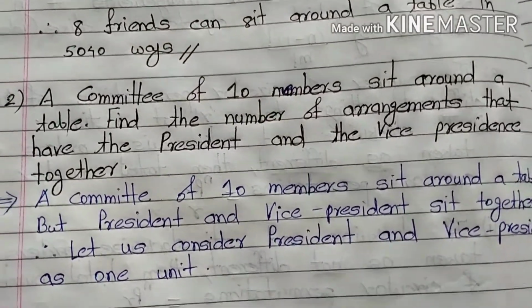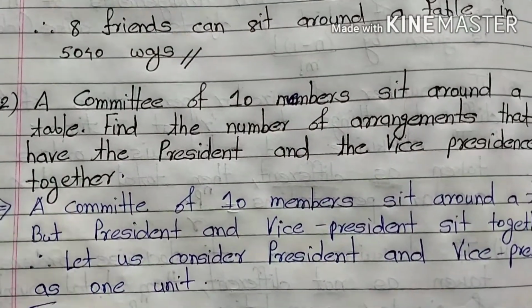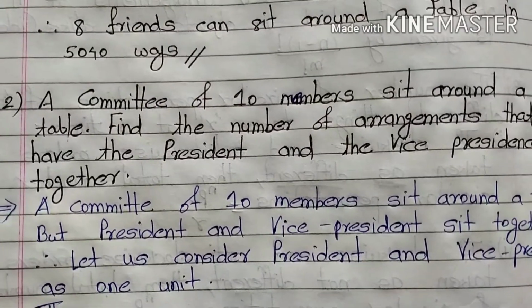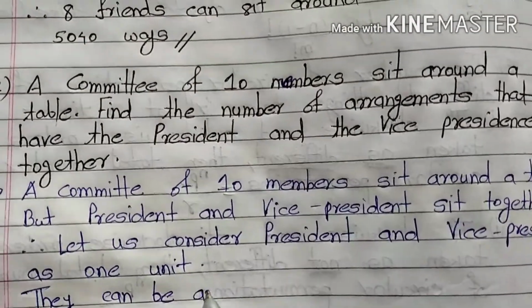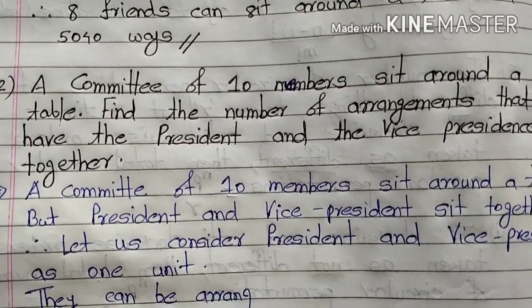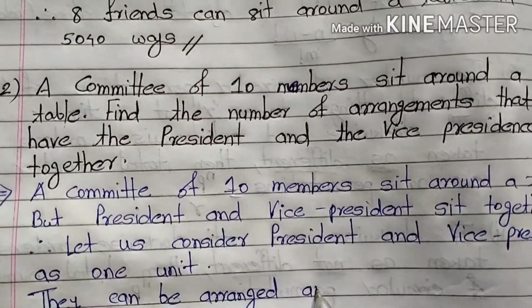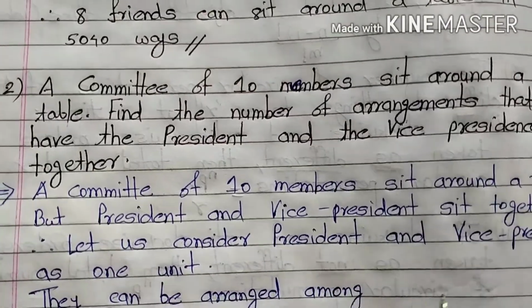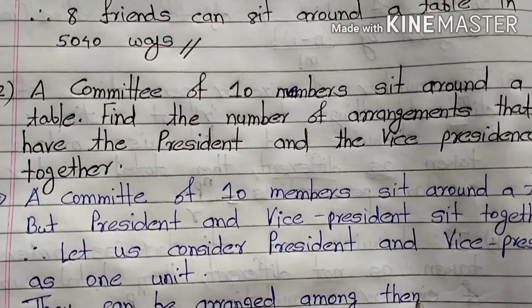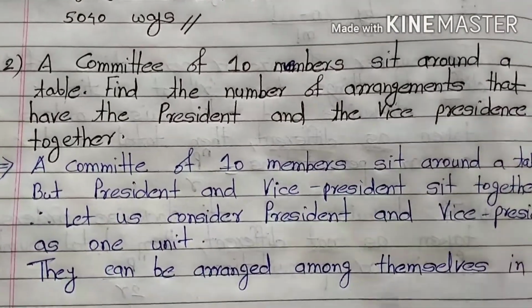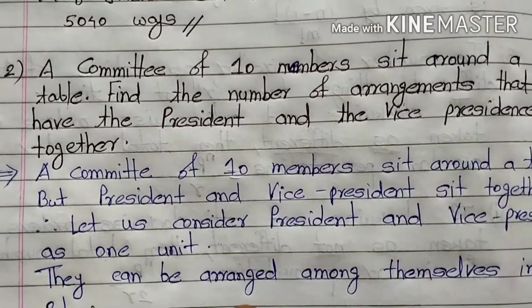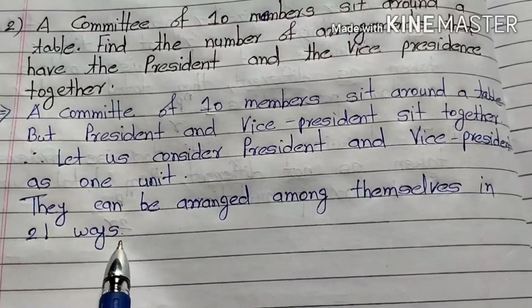So they can be arranged among themselves in 2 factorial ways.